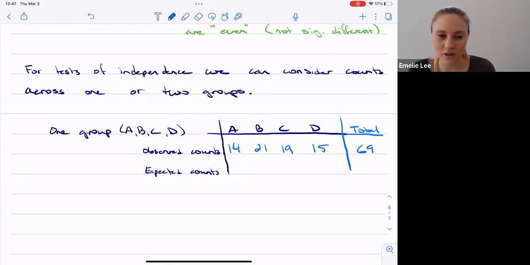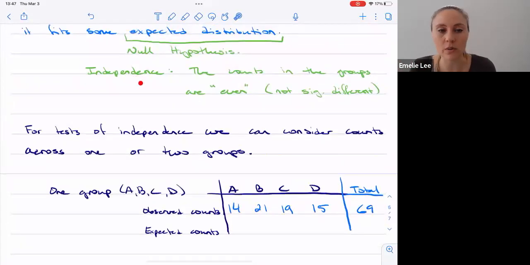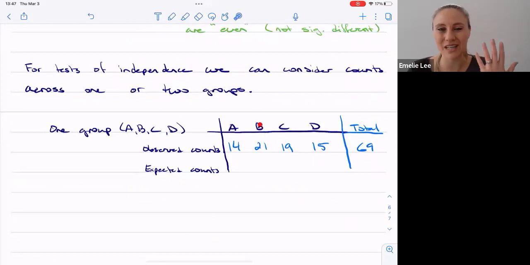So then across 4 groups, if they're evenly distributed, which is usually what we would do as a hypothesis, then there's really no significant difference between being in group A, B, C, or D, right?